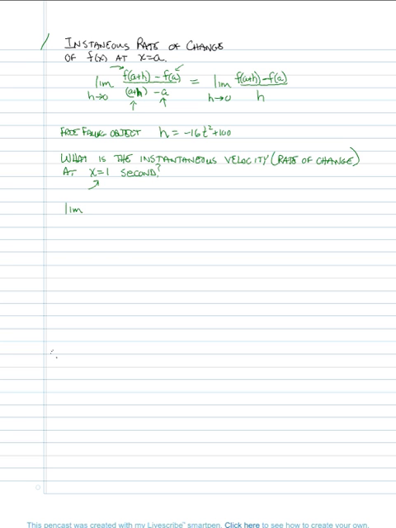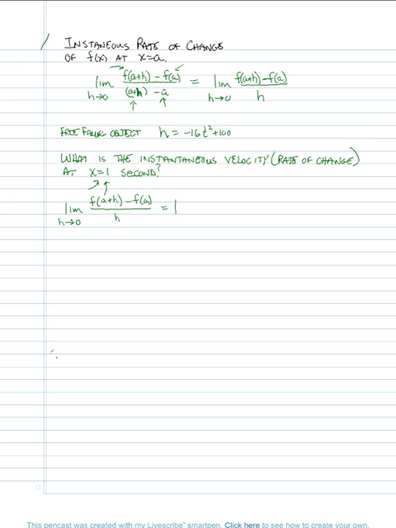It's the limit of f of a plus h minus f of a, all divided by h as h approaches 0. Now the a, in this case, is that 1 second. That is the a value.